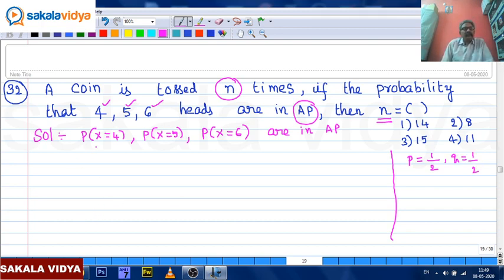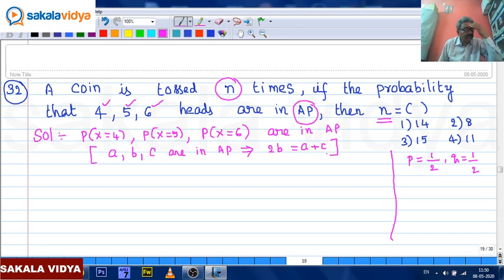We have one formula: if A, B, C are in AP, then 2B is equal to A plus C. So, 2 into P of x equal to 5 equals P of x equal to 4 plus P of x equal to 6.